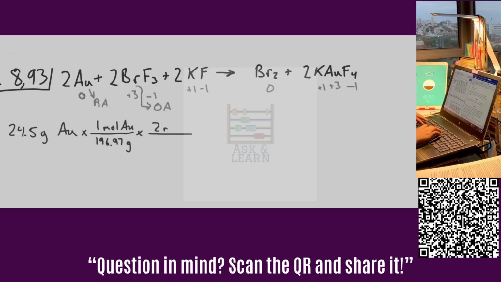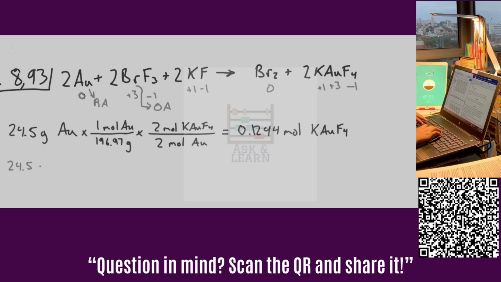We have 2 moles of KAuF4 for 2 moles of Au. So if we do this here, we can see that we would produce 0.1244 moles of the salt. So we want to do this for the other 2 reactants, and the one that gives us the smallest value will be the limiting reagent.